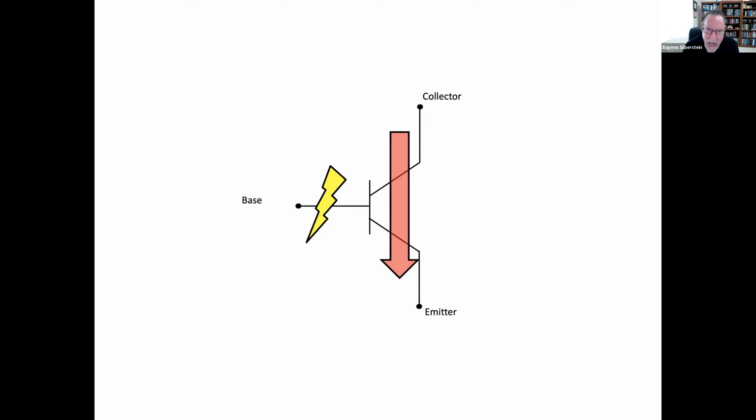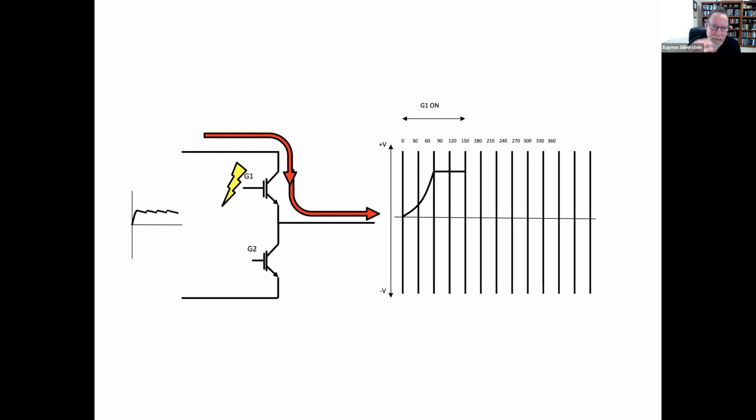And the way this works at the last part of our inverter, creating this artificial AC sine wave, we have the base on that first transistor opening. We energize the base, the coil of that transistor, and that transistor starts to conduct.